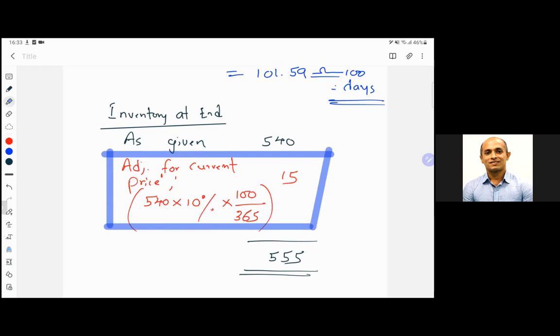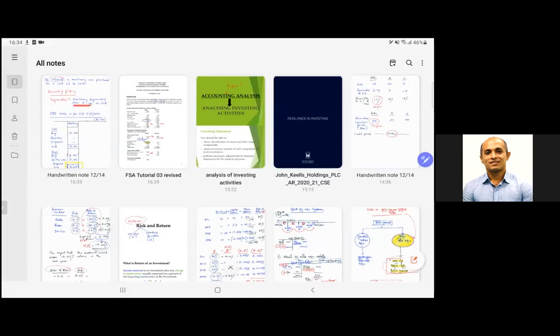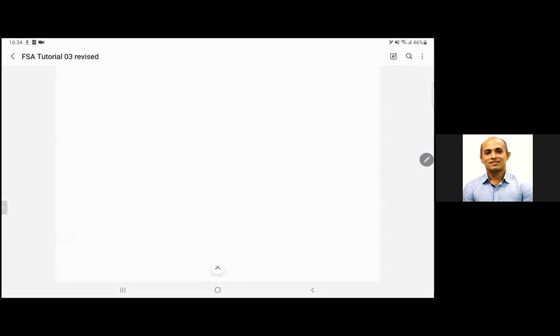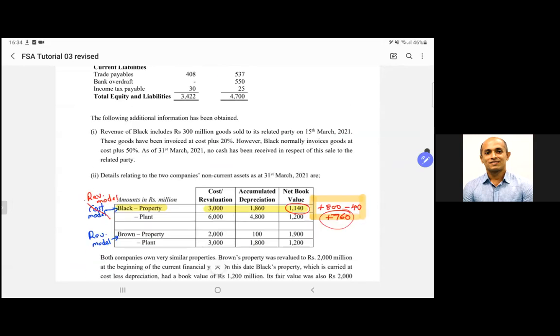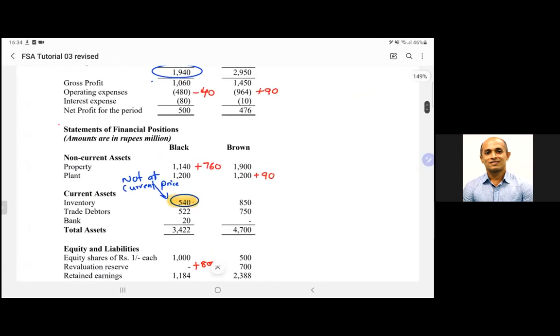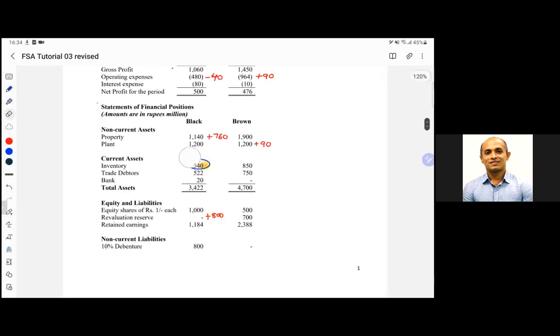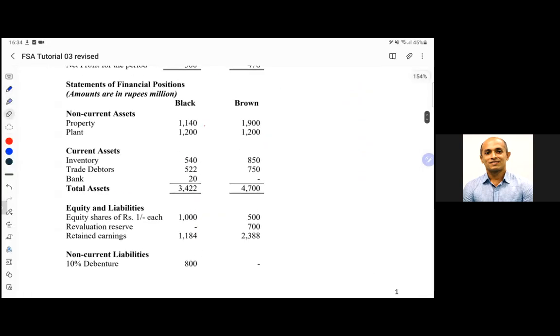Now you have to adjust black inventory by 15, so black inventory increases by 15.